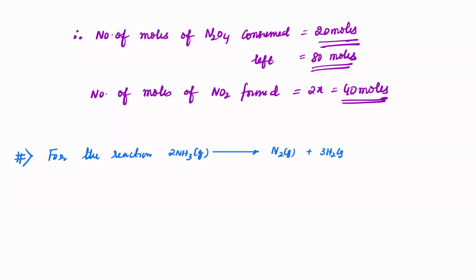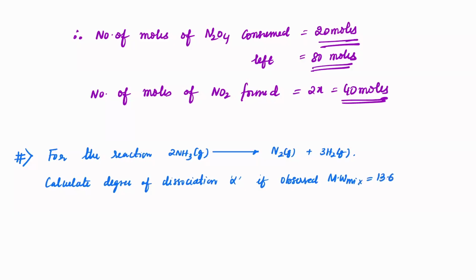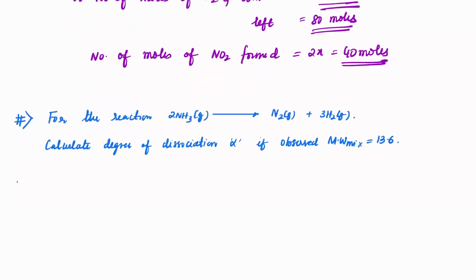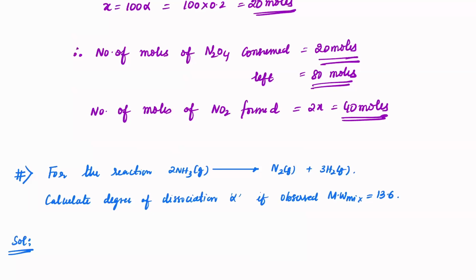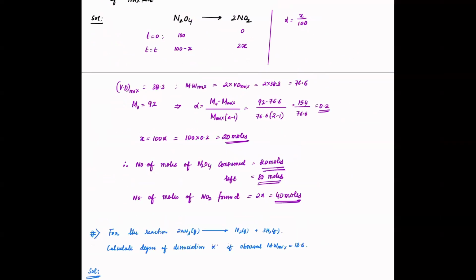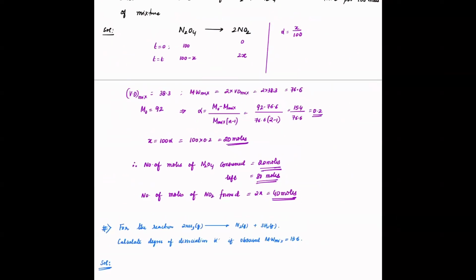What we need to do is calculate the degree of dissociation alpha if the observed molar mass of the mixture is 13.6. Please do this and give me an answer. What is the value of alpha? Simple and straightforward. You should be able to do it.